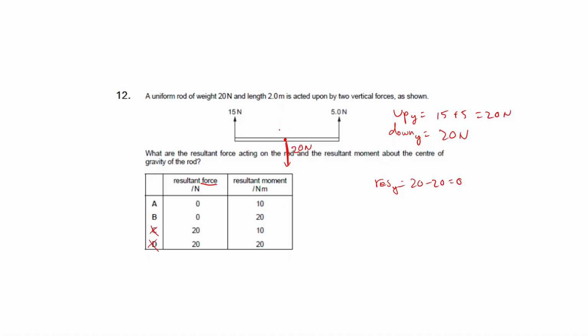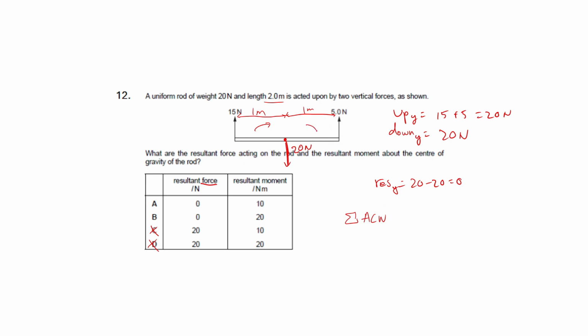And then now we have to calculate the resultant moment. So we know that the distance between the center of gravity, or the pivot, is going to be 1 meter on both sides because they give us that it's 2 meters in total length. So it goes anti-clockwise this way, right? No, that's clockwise, sorry.